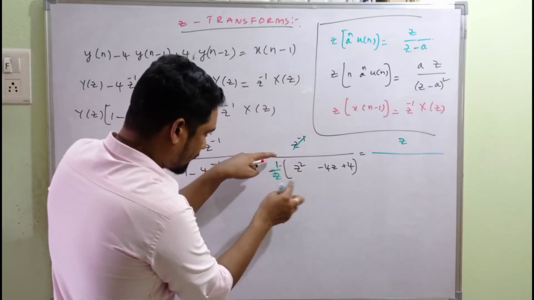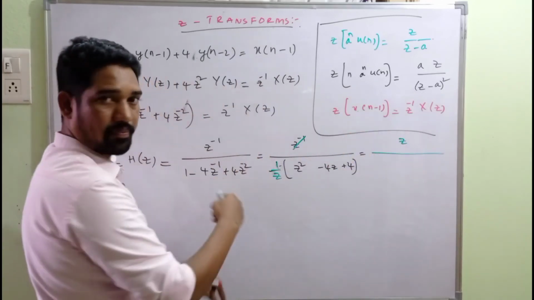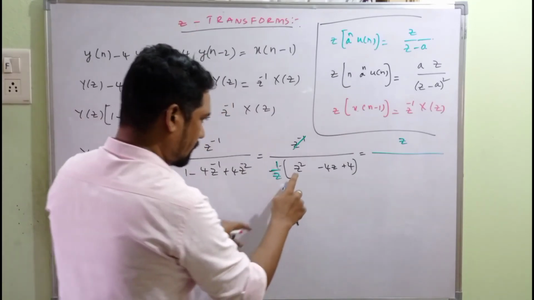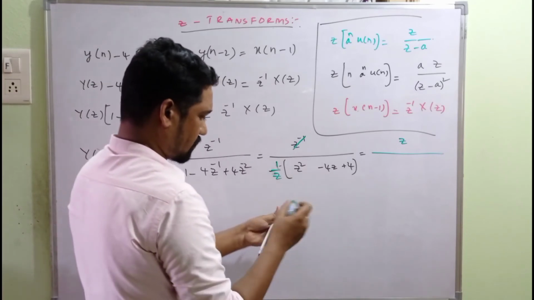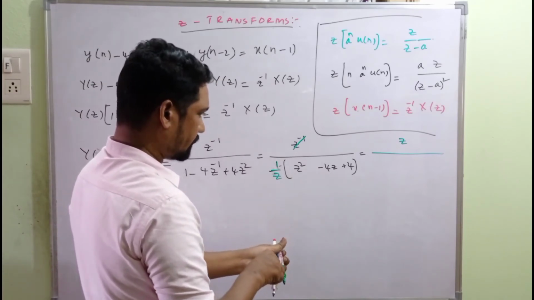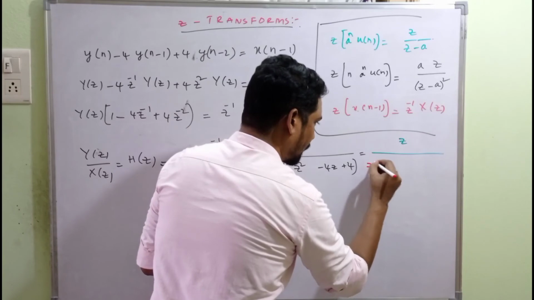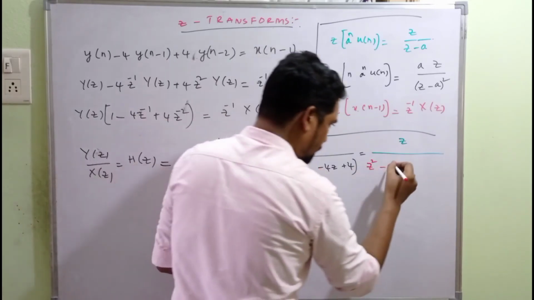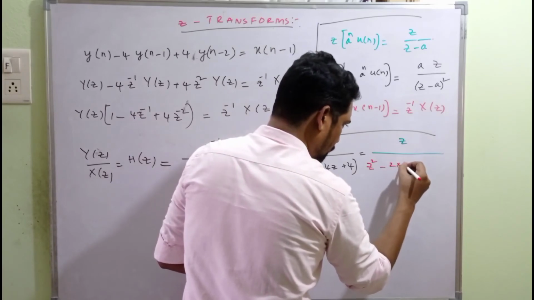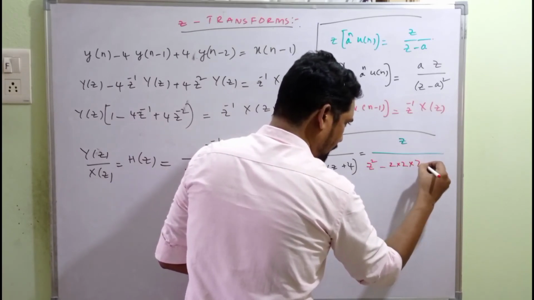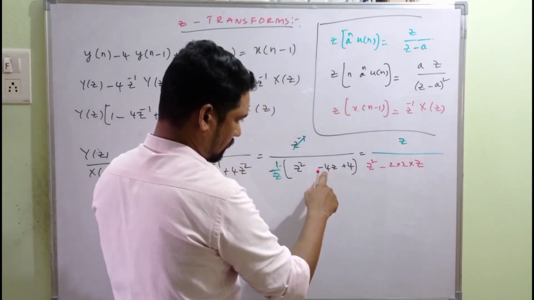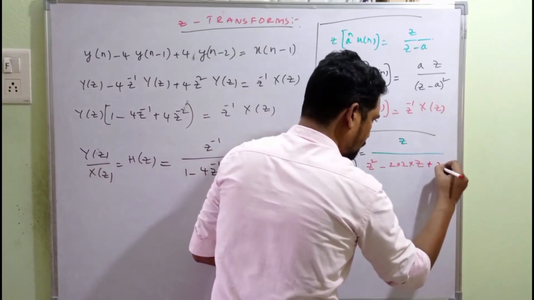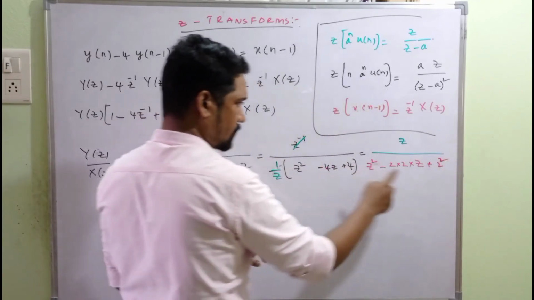So this 1 by z flips up and sits on the numerator. And here a small simplification, watch carefully: z square, minus, can this 4 be written as 2 into 2 into z as it is? 4 I've written as 2 into 2, that's 4, right, plus 2 square, 4 can be written as 2 square, isn't it?